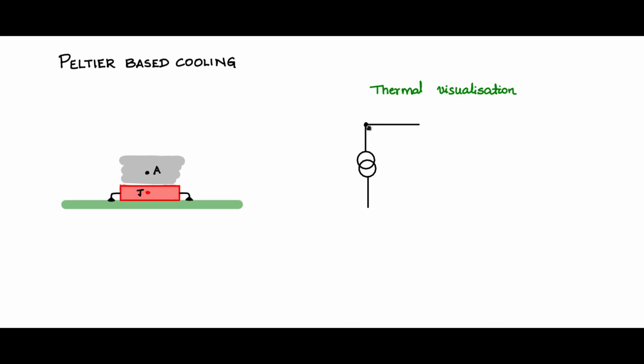This node, I will call that one as J, and that is the junction representing this core here, which is then followed up by resistance. It is not resistance from the electrical circuit point of view, it is a thermal resistance. And on the other side, I have the completion of the circuit so that the power flows in this fashion. Just like an electric circuit, but it's not an electric circuit, it's a thermal visualization. Now this node, I will call it as ambient.